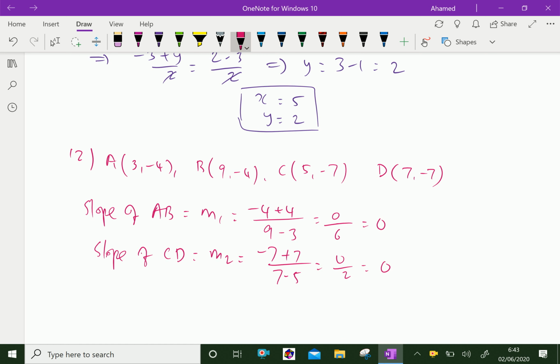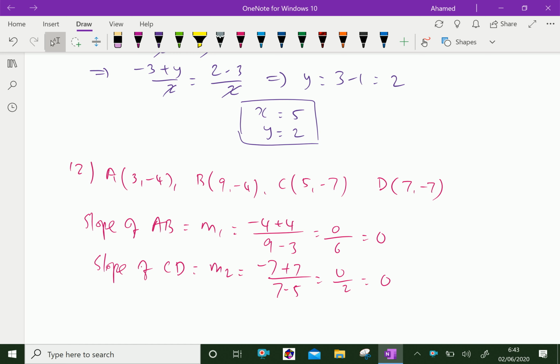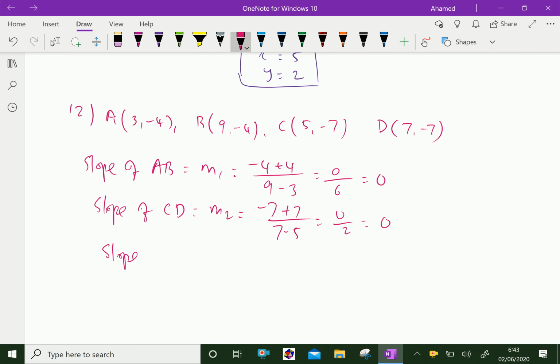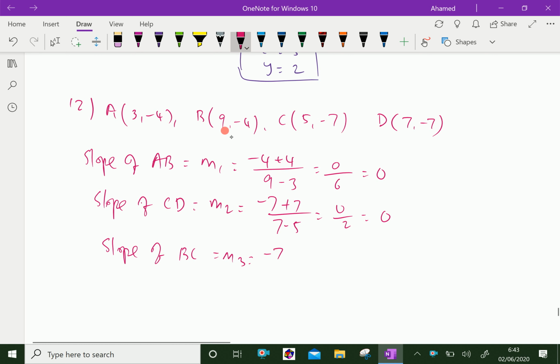Now the slope m2. Here both slopes of AB and CD are equal. Slope m3 also you can find. Slope of BC, let it be m3, B and C, (-7 - (-4))/(5 - 9), which equals (-7 + 4)/(-4), that is -3/-4, that is 3/4.